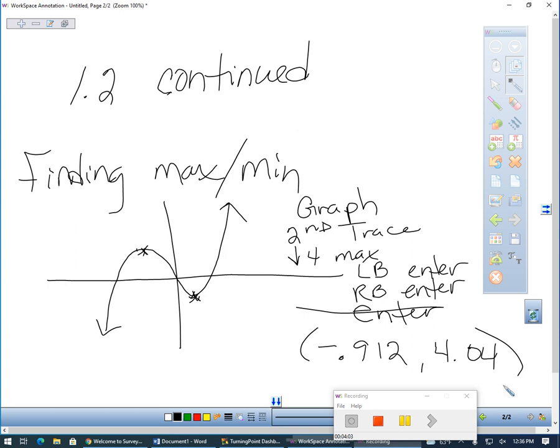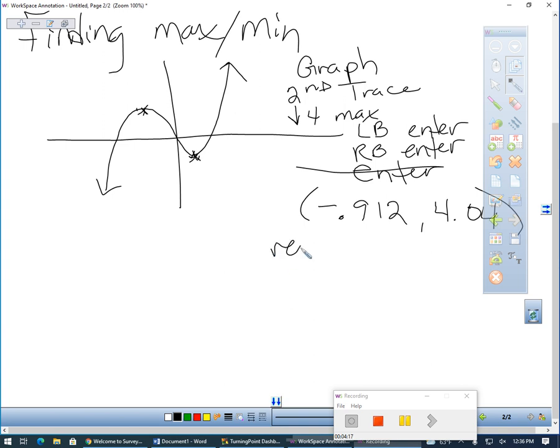Do you guys remember doing this? Okay, good. So now let's go on and everybody do it again. This time do it with your minimum. Left bound and right bound. Okay? So you're going to repeat for min.